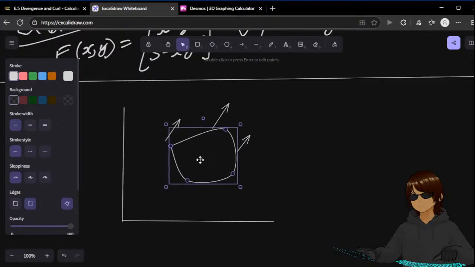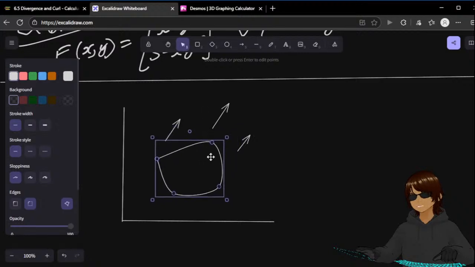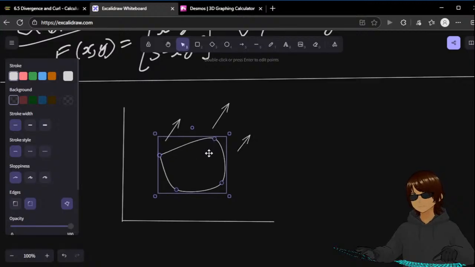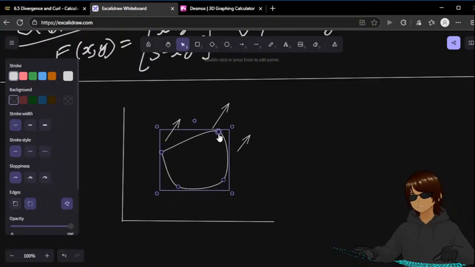The band would be flowing in that direction, but if this band, while flowing over there, is increasing in size over here, then there's more fluid flowing out than flowing in, right?